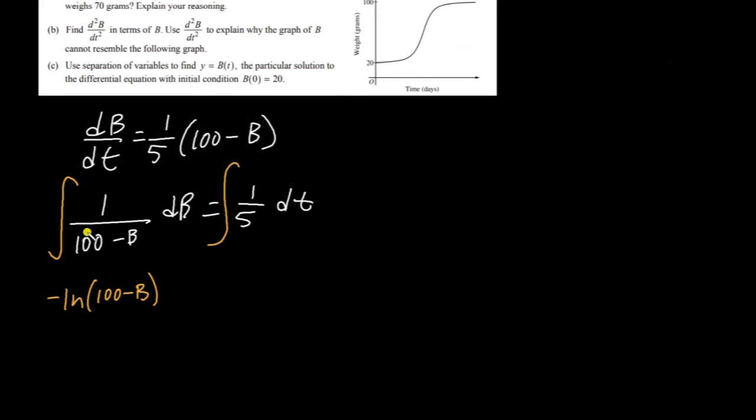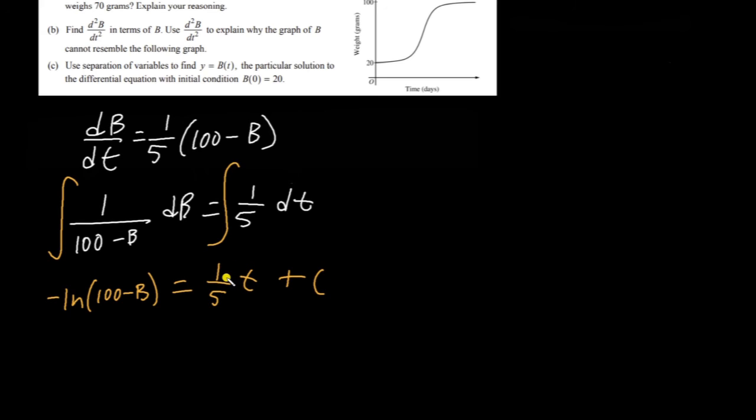If this were like 100 minus 2b, then it would be minus 1/2 natural log of 100 minus 2b. Basically you're dividing by that coefficient, in this case -1. So this is equal to the integral of 1/5 with respect to t, which is 1/5 t. And then we only need to include 1 plus c for these kinds of problems.